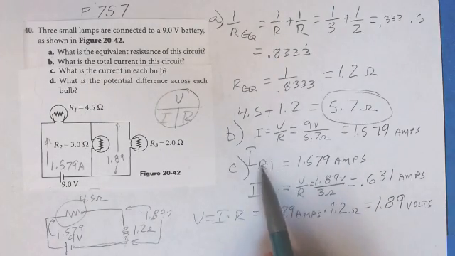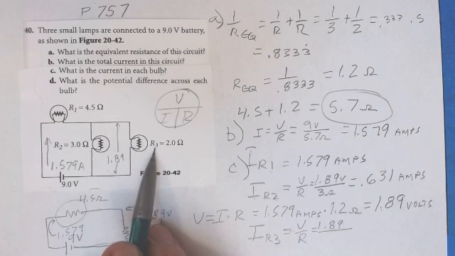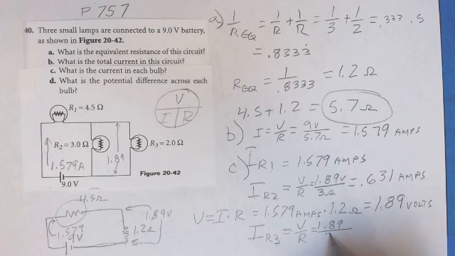So continuing, that's I of R1, I of R2, I of R3. Equals V over R. V is 1.89 and R3 is 2 ohms.